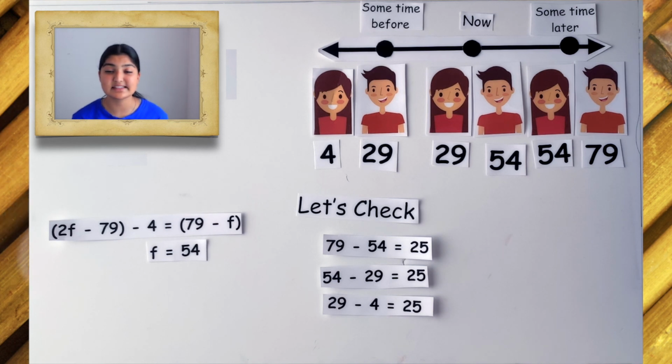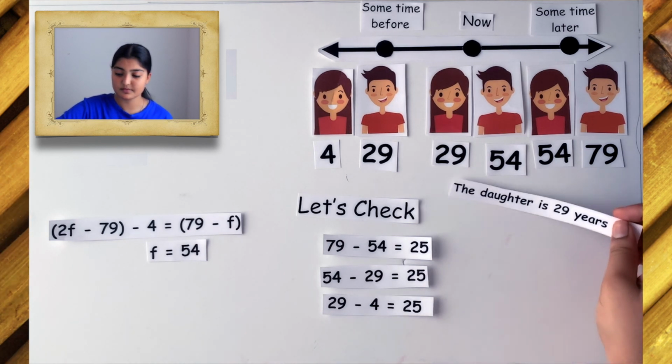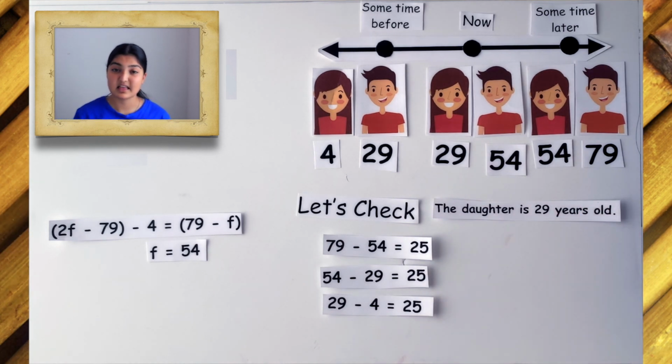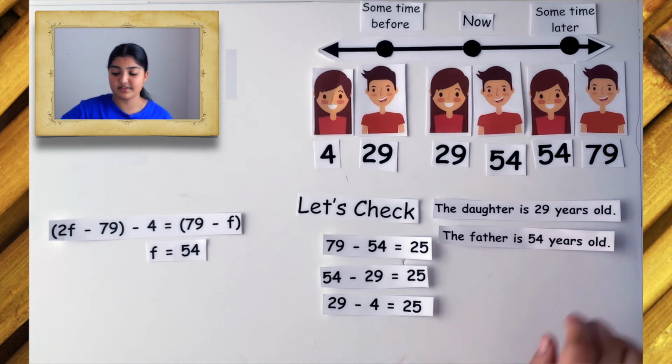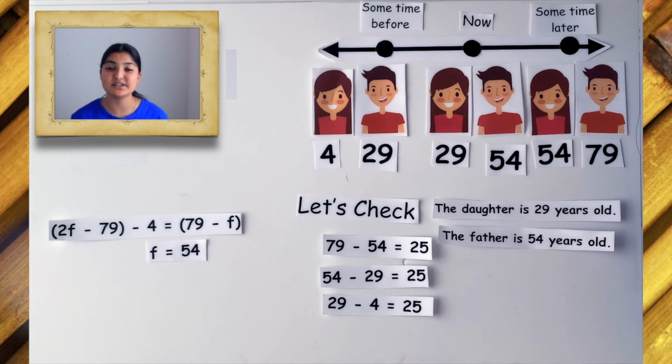Since the differences in their ages are always the same, we know that our answer is correct. The daughter is 29 years old, and the father is 54 years old.